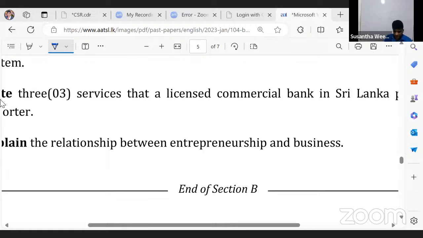As an example, you can start from this: the entrepreneur is a very important factor in a business as a factor of production, right? This factor of production, the entrepreneur, is combining all other factors of production in the business, right?